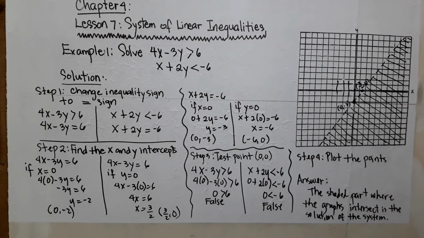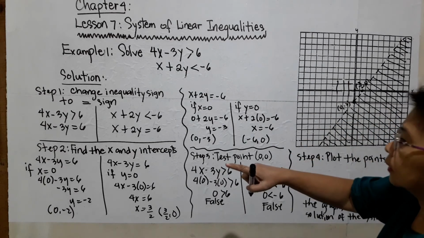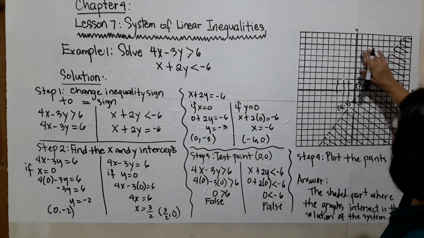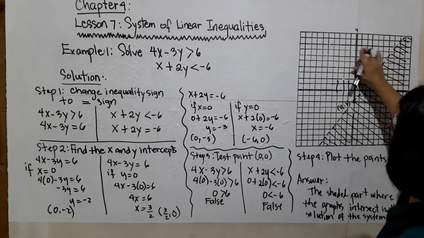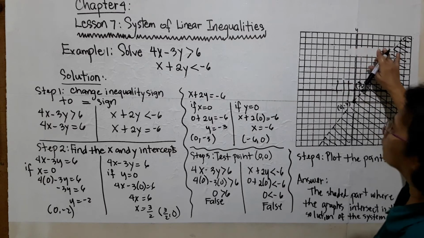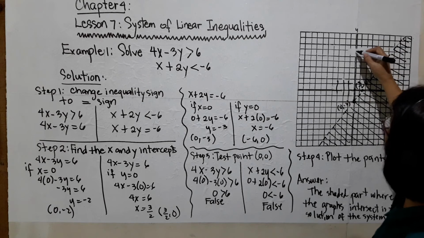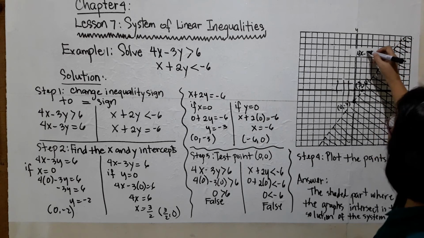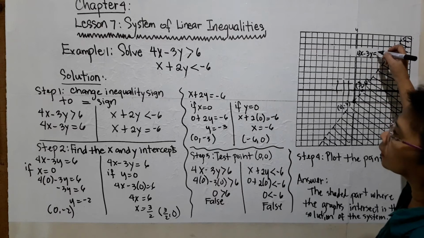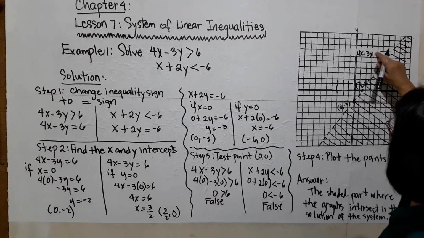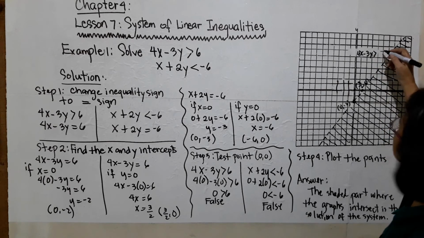Okay? So this is the line for the first inequality that we have. Let's have it here. 4x minus 3y, the inequality should be greater than 6.